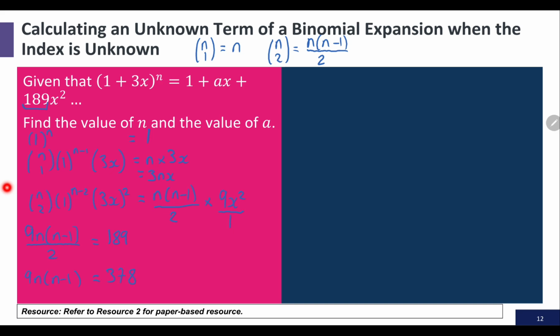At this point here, we know n's going to be a whole number, so it's probably going to be quite easy to work with. I'm going to try and divide through by 9 now. So I'm just going to put in a dotted line there so I can just work on this right-hand side. Let's divide both sides by 9, which means n(n minus 1) is equal to 42. Expand the bracket.